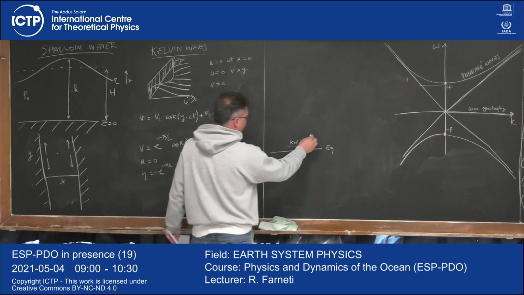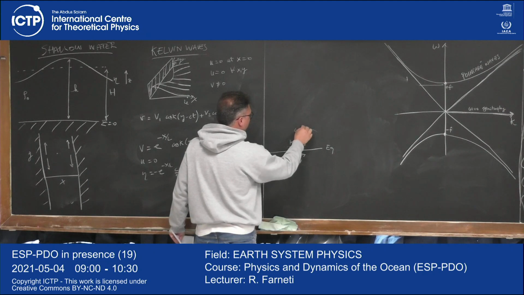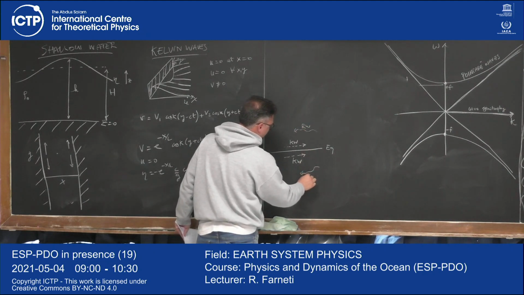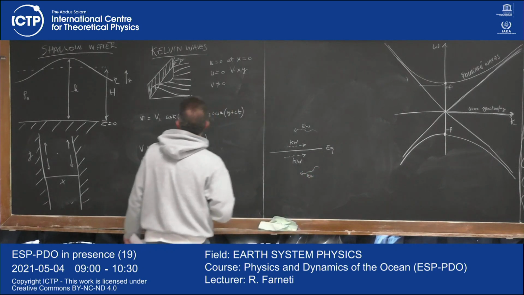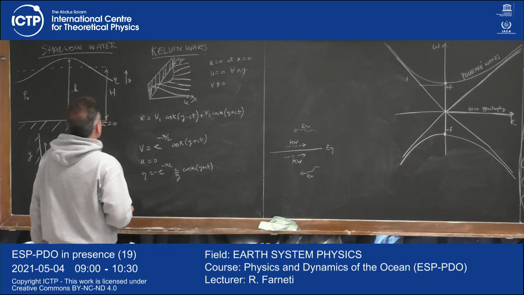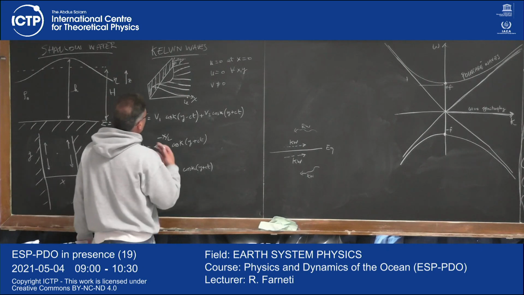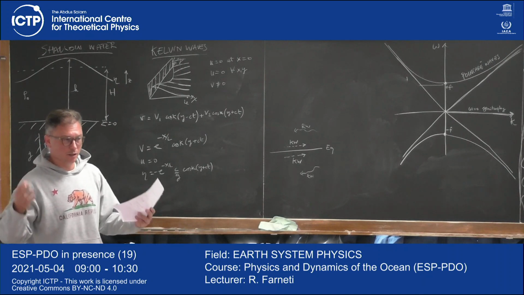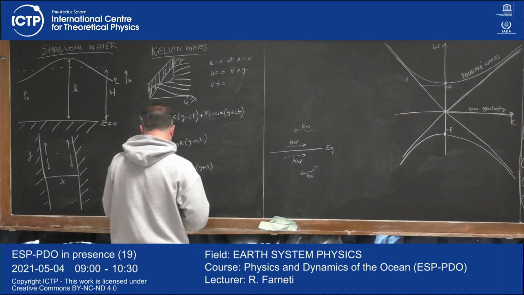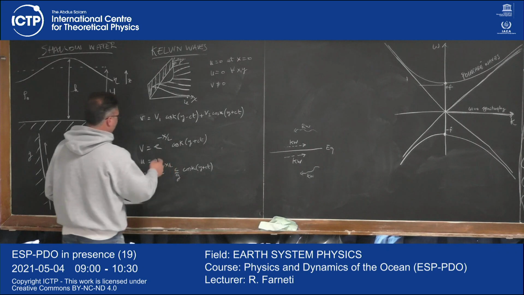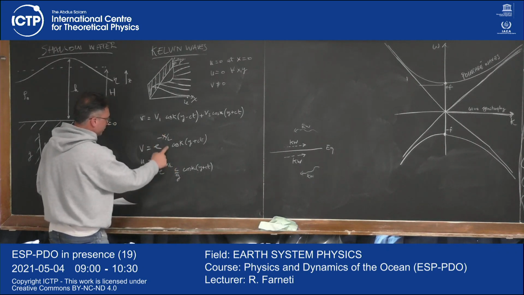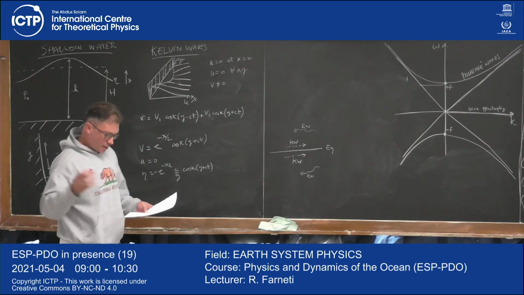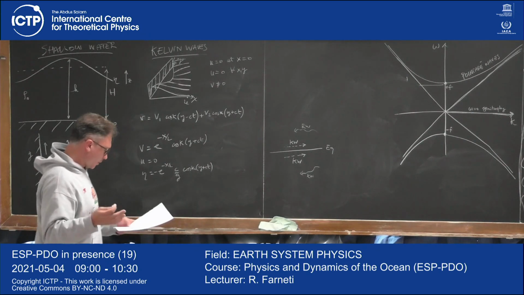And then you have Rossby waves radiating from the coast. So you have Kelvin waves that are trapped by this meridional boundary and the Rossby radius of deformation. They decay exponentially away from the boundary, and the exponential decay is given by the Rossby radius.